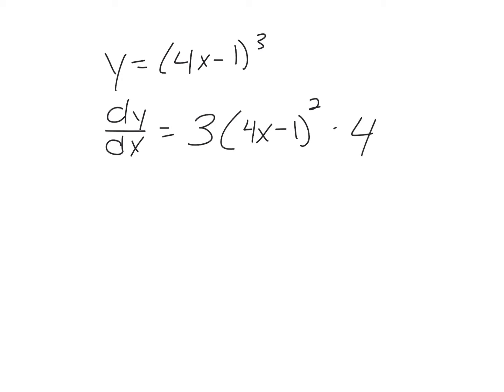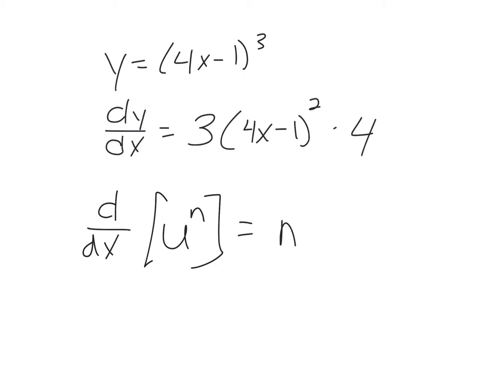I just realized that I did not mention the other rule that I like to use. You find the derivative d over dx of u to the n. They like to use u's, and you're going to see it a lot in our stating of rules throughout the year. If you're trying to find the derivative of this, you just bring the exponent up front.